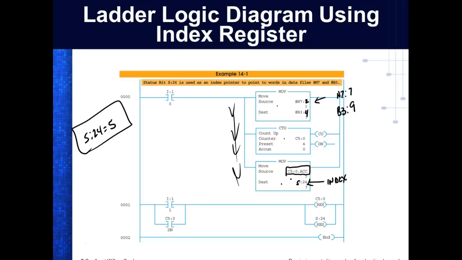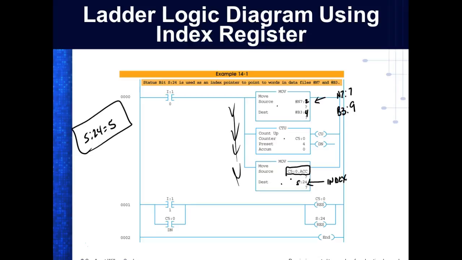So N7 does not specify the address. N7 specifies the data registers we're going to be using. We're going to be using integers, right? You understand? Yes or no? So all this information is going to be stored somewhere in N7.